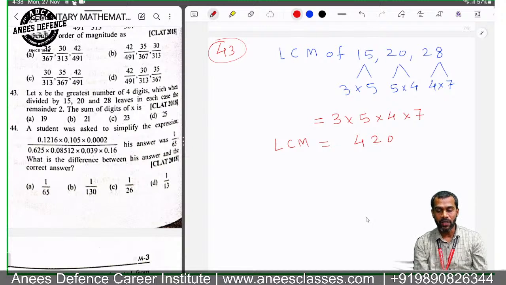Divide 9,999 by 420 and check what remainder you are getting.